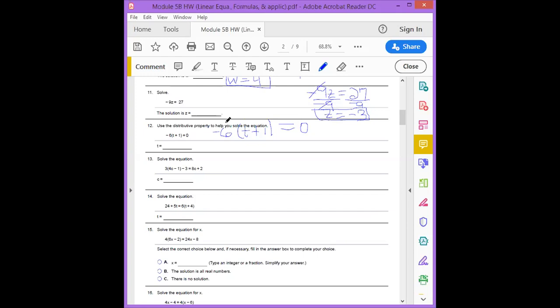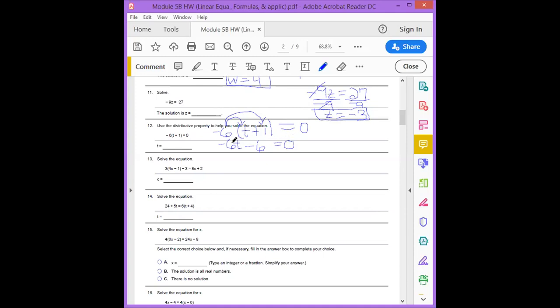So solving this equation, the first step you want to do is distribute. Distribute the -6, which means we're multiplying. These arrows represent we're multiplying -6 times t and then -6 times 1. -6 times t gives us -6t. -6 times 1 gives us -6. And that equals 0.